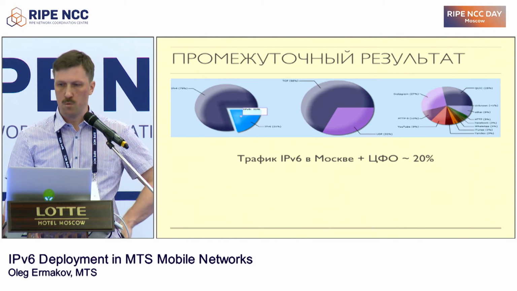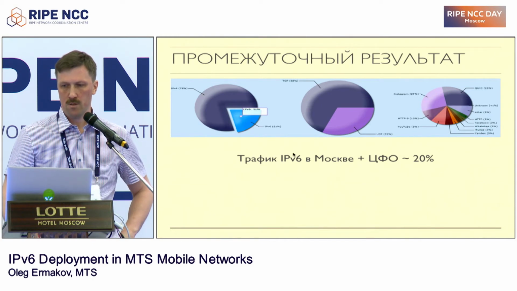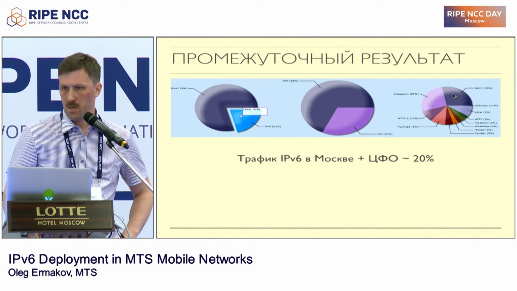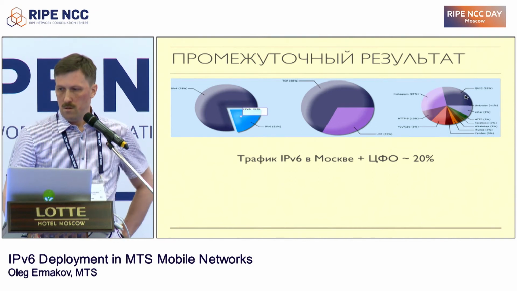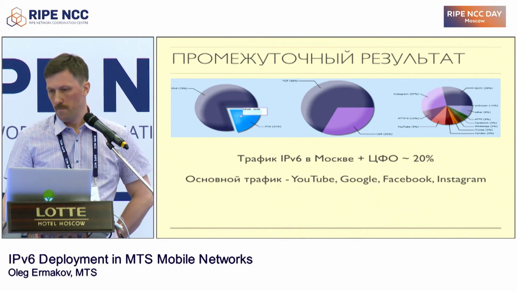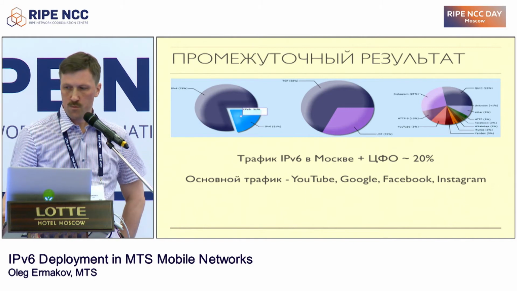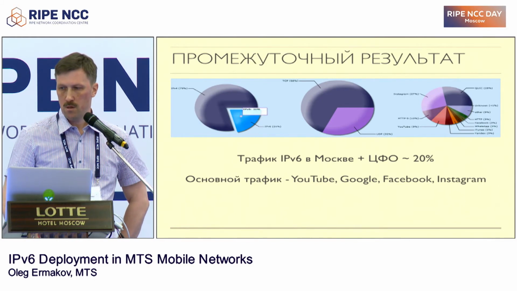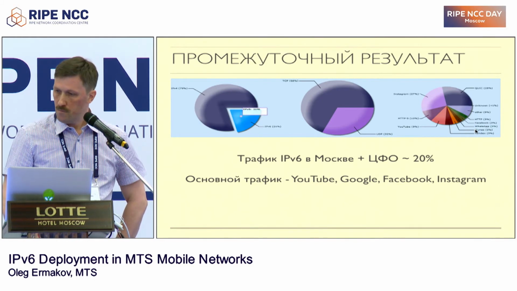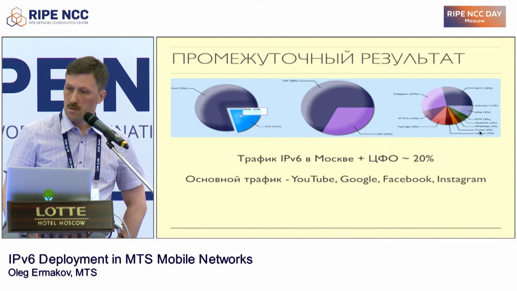I will show you the data for Moscow and the Central Federal District, which is Moscow and 16 other regions in central Russia. IPv6 traffic in that region is roughly 20% of total traffic. Mostly it is generated by YouTube, Instagram especially, Google and Facebook.